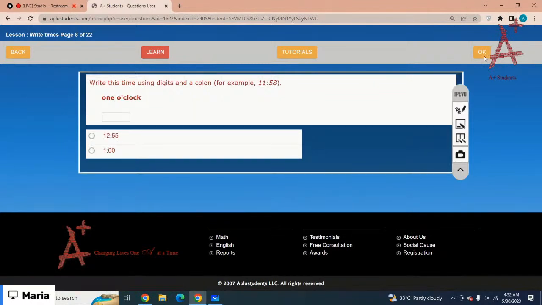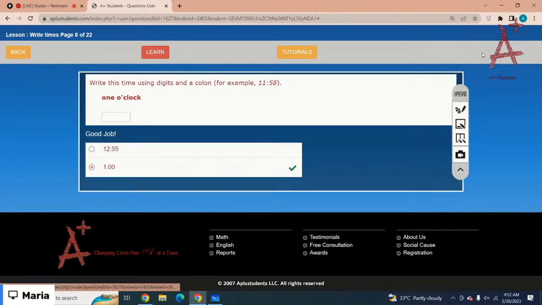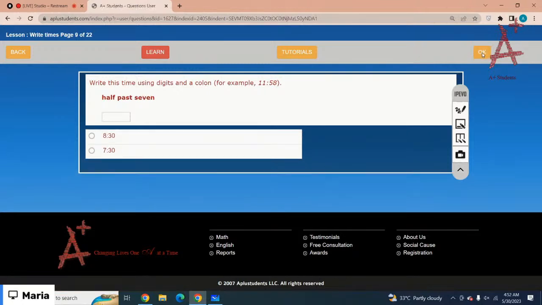Write the time using digits: 1 o'clock. Yes, that would be the second one. 7:30.